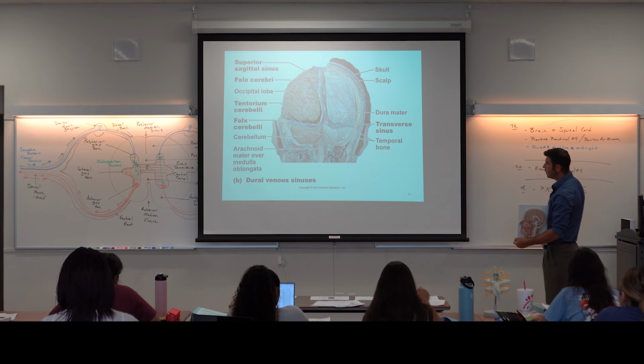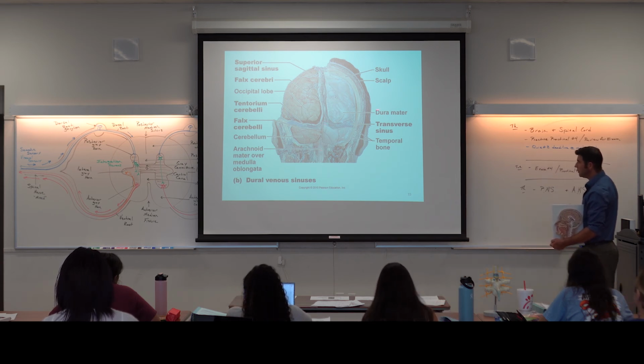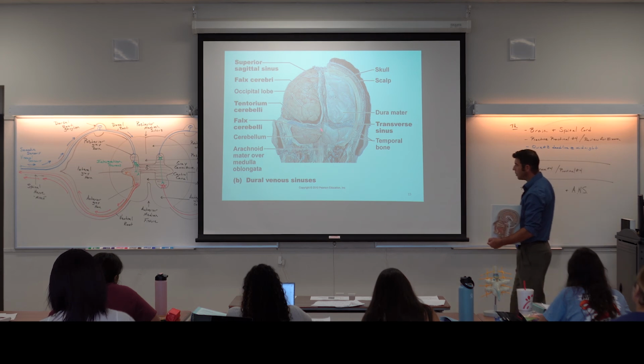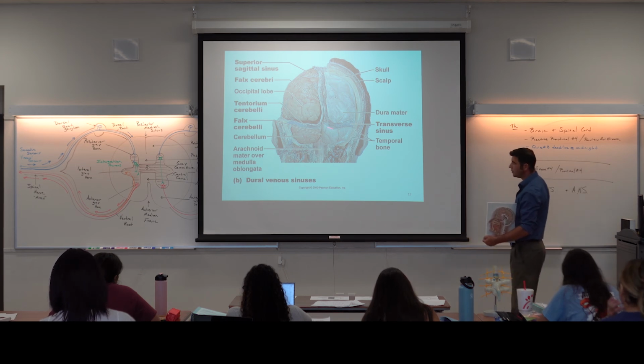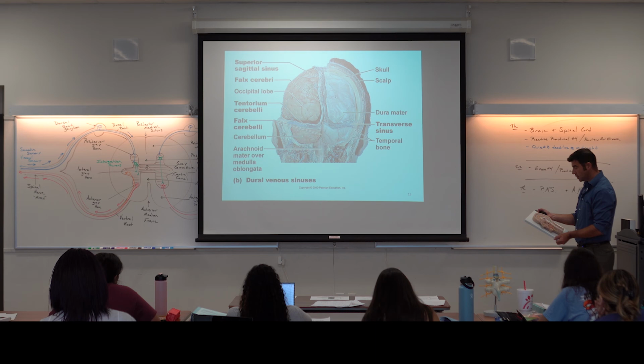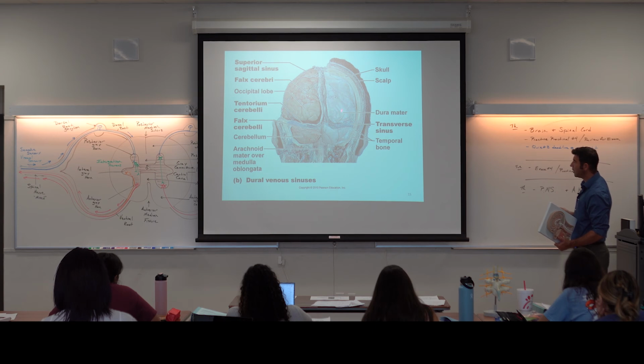Falx cerebri, falx cerebelli. We're just looking at these invaginations of the Dura Mater that run between the two cerebral hemispheres or the two cerebellar hemispheres, or separate cerebrum from cerebellum altogether. And again, you can see how tough that Dura Mater is along the outside.